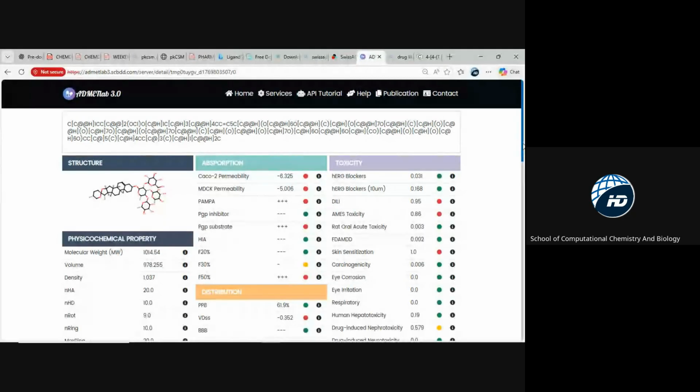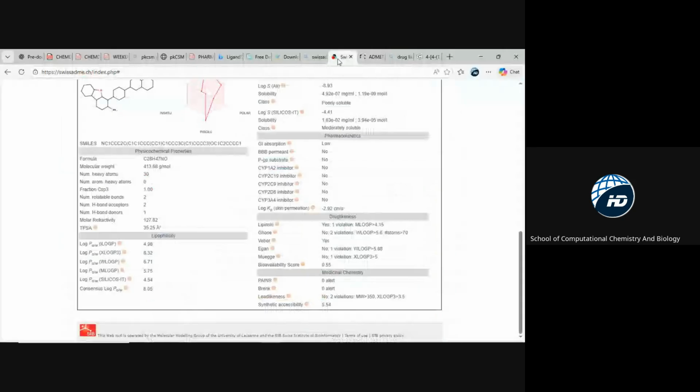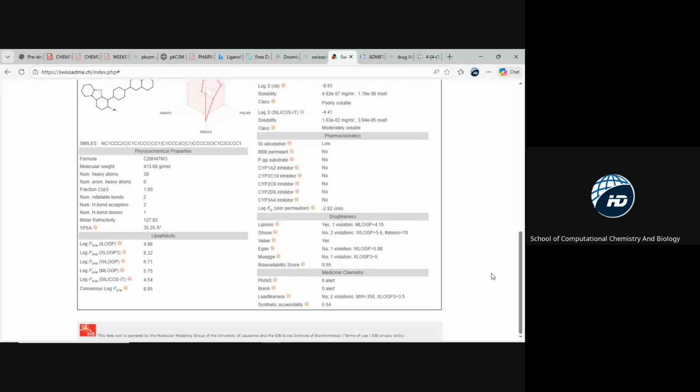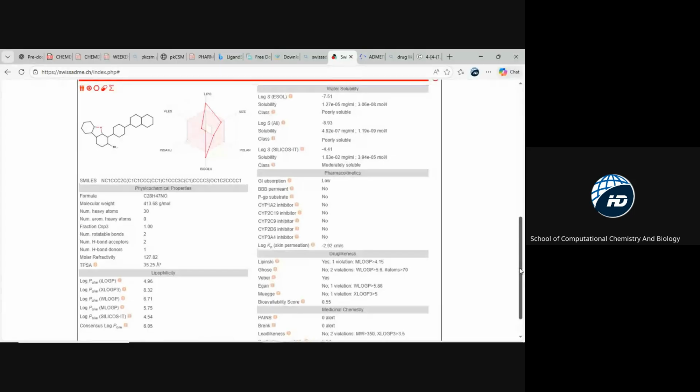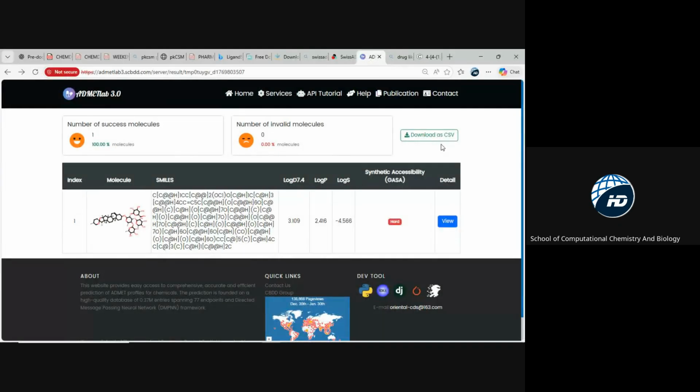Let's see what ADMET will say about it. Look at the last parameter here. Can you see it? Yes, I can see it, 5.54. Let's see what it says.